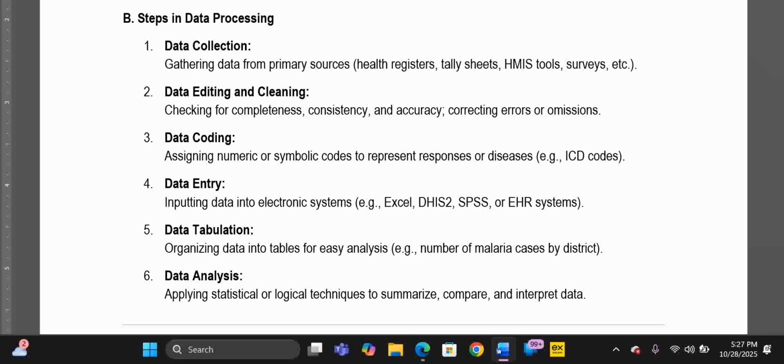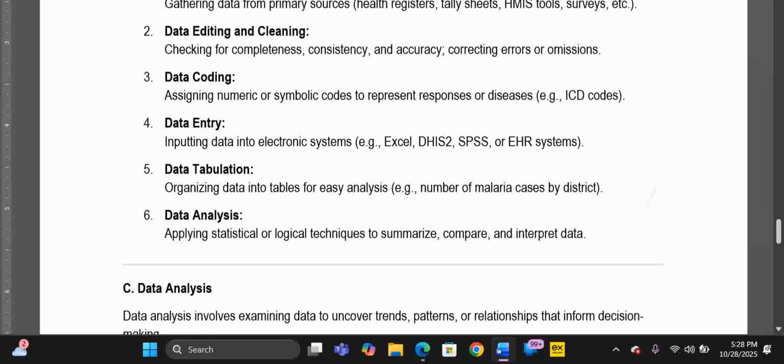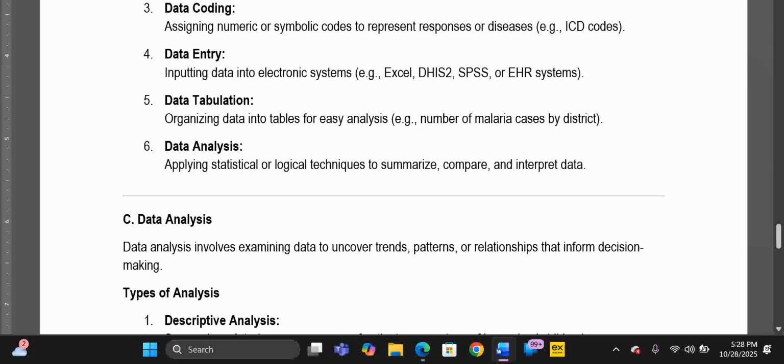And number five is data tabulation. That term is coming from the word table, whereby you organize your data into tables for easy analysis. For example, numbers of malaria cases by district. You can actually arrange them on a table and have it easily presented.